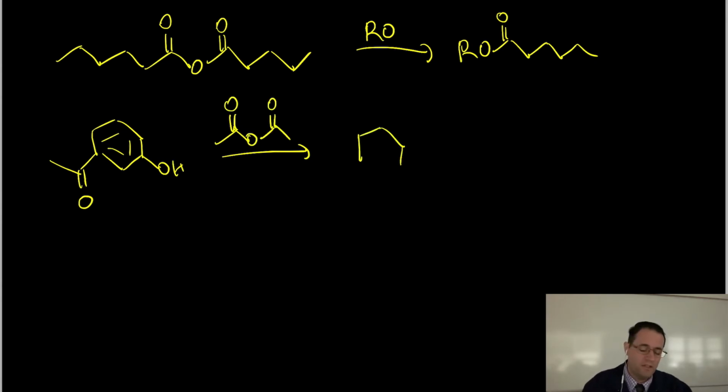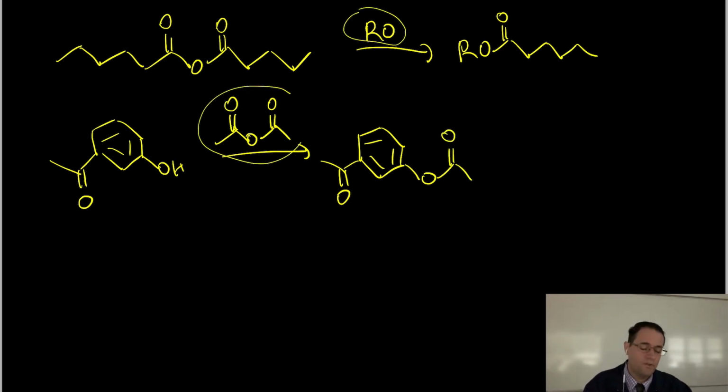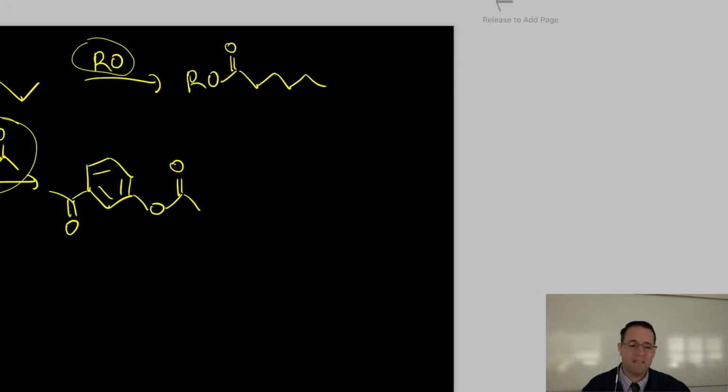But either way, you want to draw the ester, okay? So don't get confused what's shown above the arrow. Sometimes it's an anhydride, sometimes it's an alcohol. Either way, the two react and give you esters, okay?